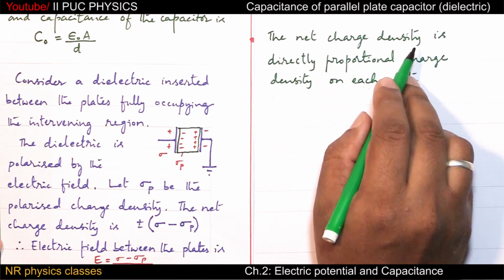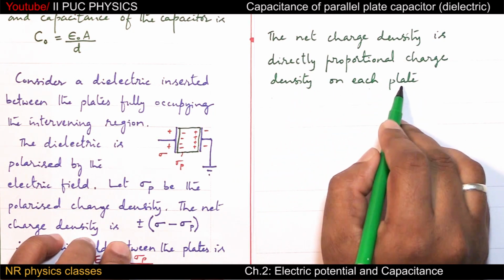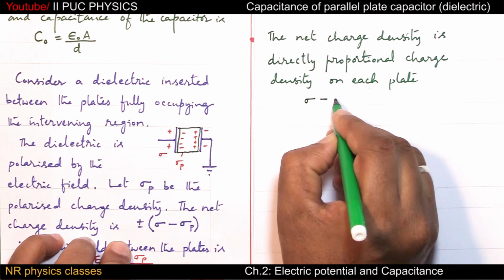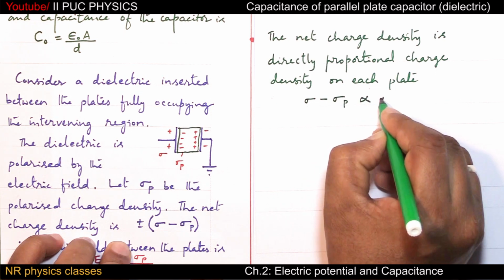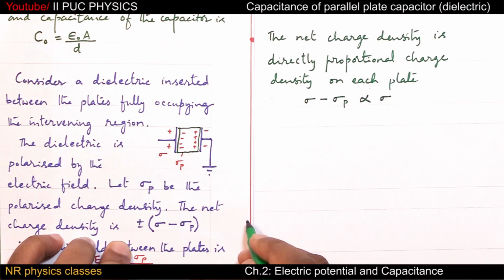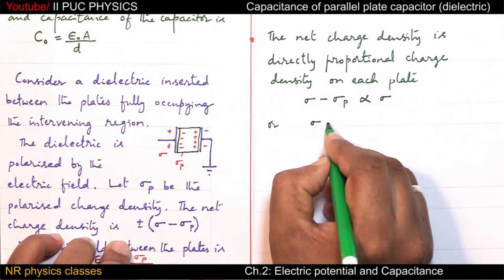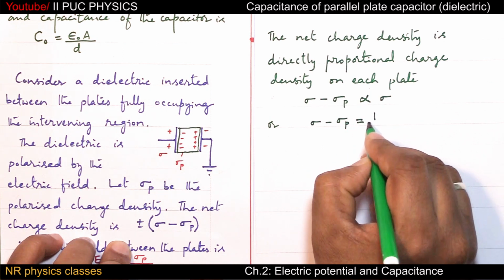The net charge density is directly proportional to charge density on each plate. Means sigma minus sigma p is proportional to charge density sigma, or sigma minus sigma p is equal to 1 by k into sigma.